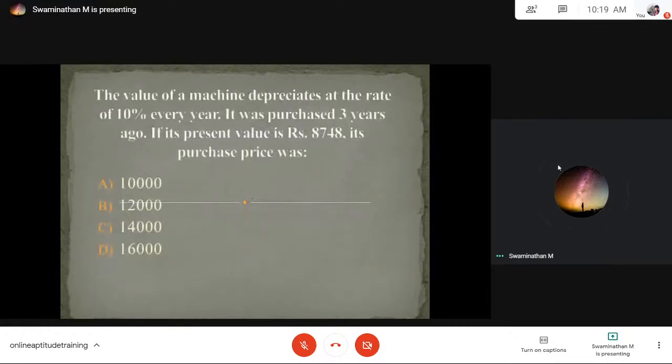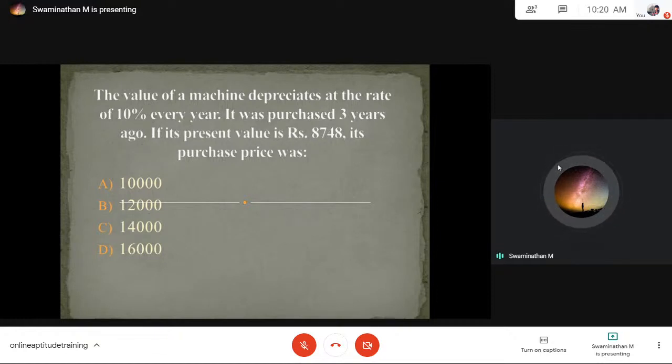So let's see an example for depreciation. The value of a machine depreciates at the rate of 10% every year. It was purchased 3 years ago. If its present value is rupees 8748, its purchase price was? Anyone going for it?